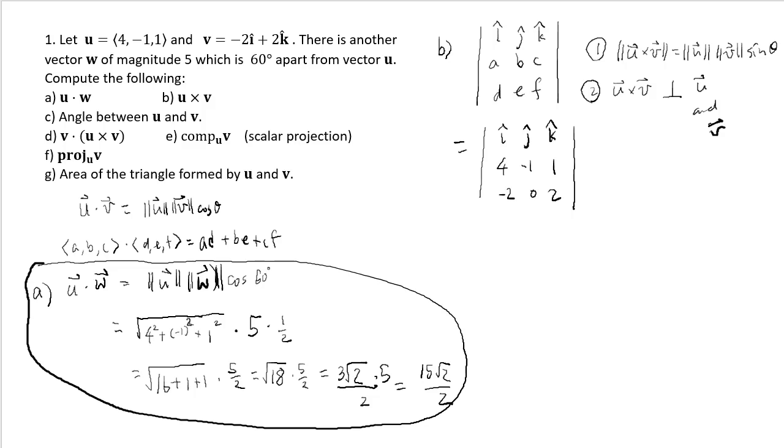Now let me talk about this v here. v is given as -2i + 2k. So this is really what? -2i plus 0j plus 2k. And therefore it should be thought of as (-2, 0, 2). That's how you should think of it, okay?